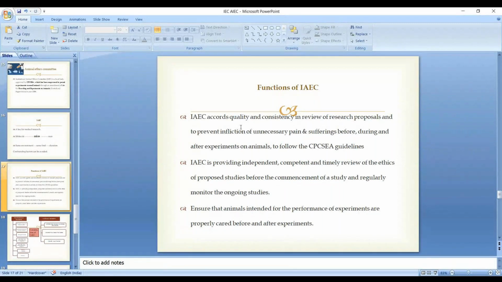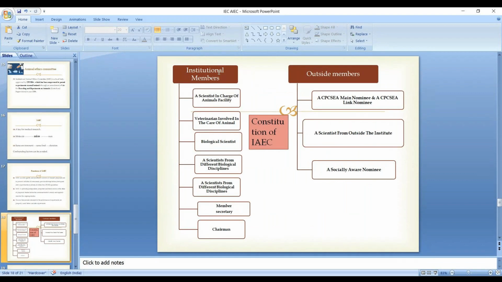Then if we see the composition of the Animal Ethics Committee, as I have said, some are institutional members and outside members are also there.